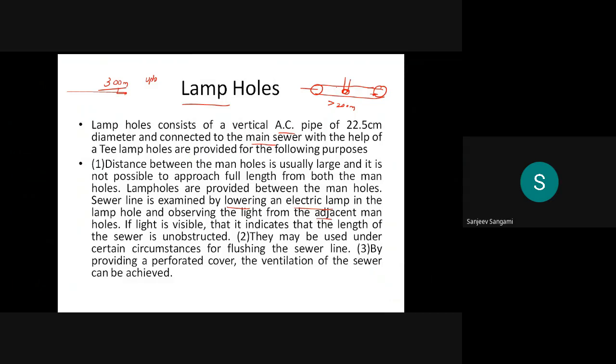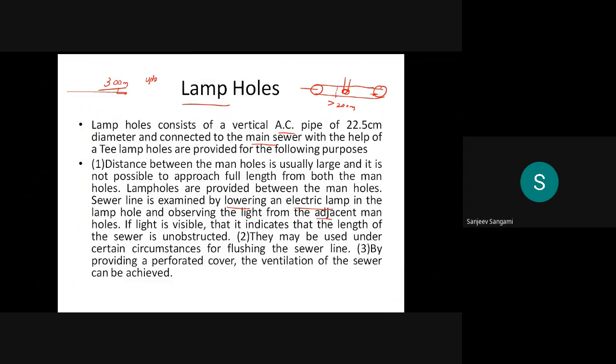If any obstacle is there in between, then you cannot observe the remaining portion. That is why it has its own importance in sewer systems. If the light is visible, it indicates that the length of the sewer is unobstructed.